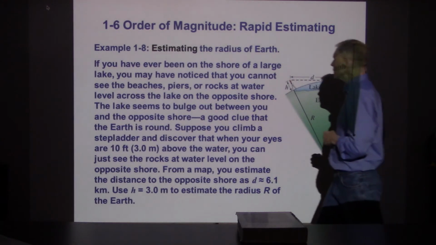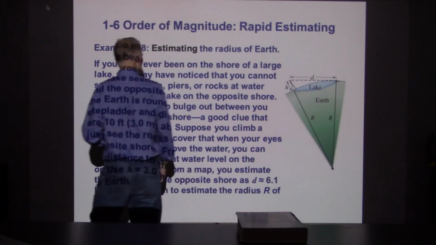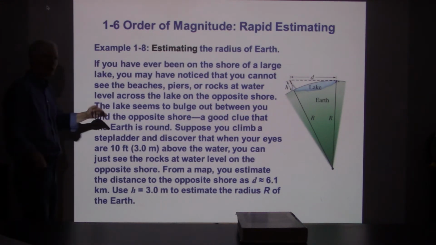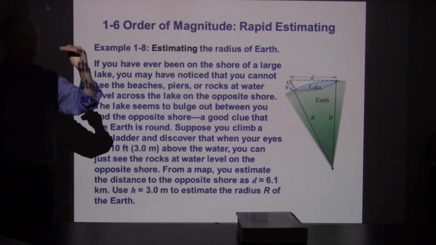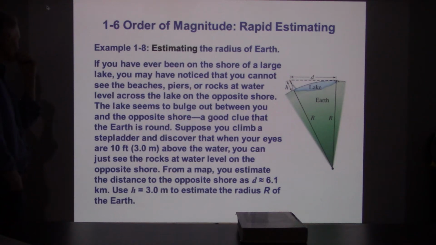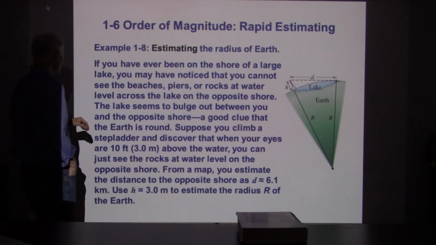I'm not sure how they made that determination. Let's see. Yeah, they're saying that the objects on the opposite shore appear to be right out at the person's horizon, and there's not much you can see beyond that.